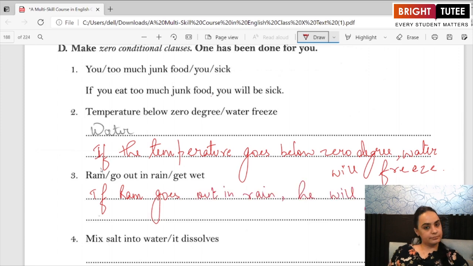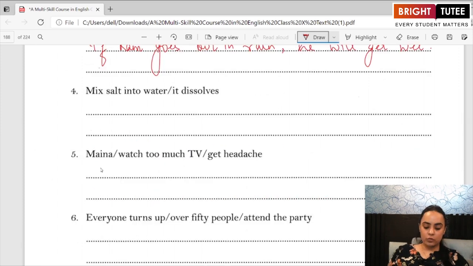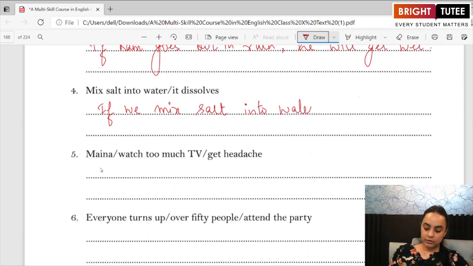Next sentence. Mix salt into water, it dissolves. If we mix salt into water, it will dissolve. Yes? Mina watches too much TV, gets headache.